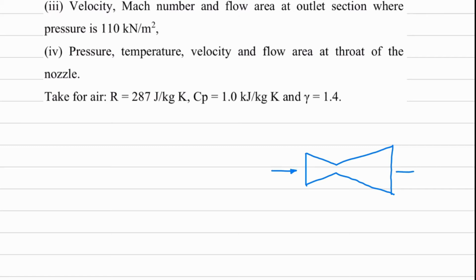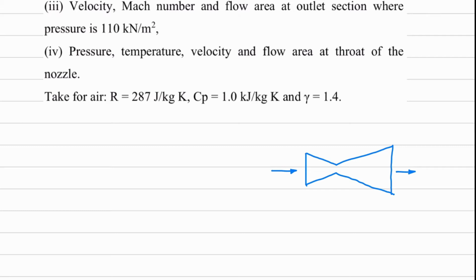This is the direction of flow. And please understand this properly because in the afternoon session we will be solving the problem on converging diverging nozzle on ANSYS Fluent. So please understand it properly. This part is convergent, this part is divergent section.